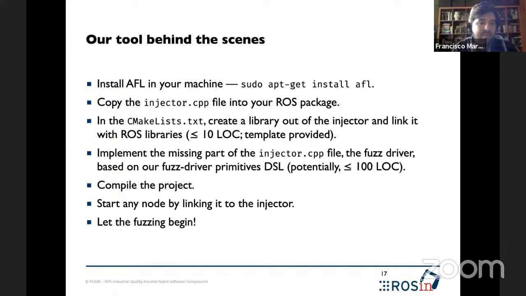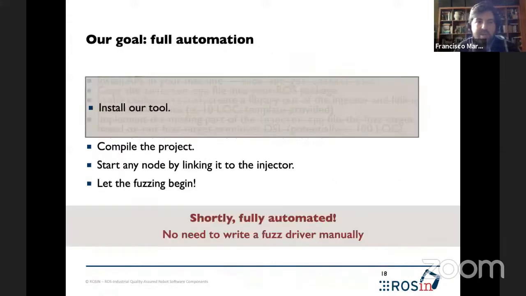Then the remaining steps are just compiling the project and starting any node by linking it to the injector, as we have seen previously in the demo, and let the fuzzing begin. Fortunately for us, we have plans of full automation, which means that most of the steps that we have shown in the previous slide will be simplified by just installing our tool, and they will be handled out of the box.